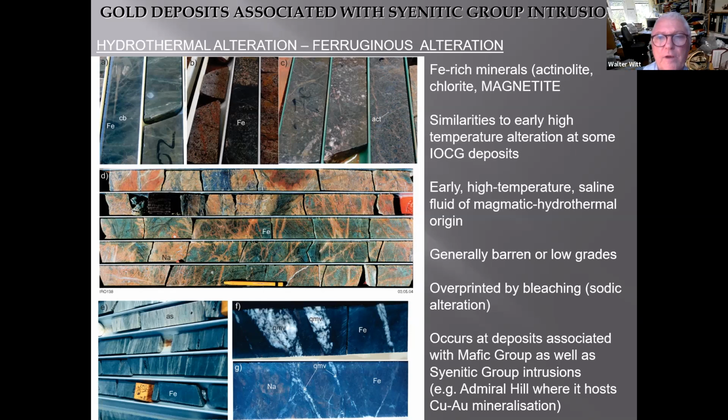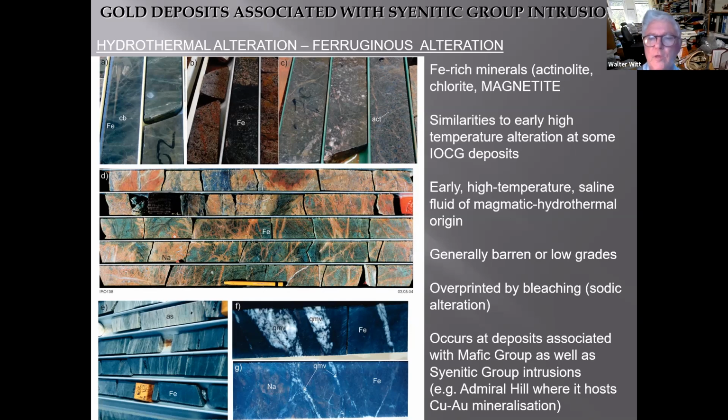They have some similarities, at least qualitatively, to early high-temperature alteration at some IOCG deposits, where they are interpreted as products of an early high-temperature saline fluid of magmatic hydrothermal origin. And I think the same can be said about the ferruginous alteration associated with syenitic intrusions. However, in the case of the SGEG deposits, these ferruginous alteration halos are generally barren or low grade.